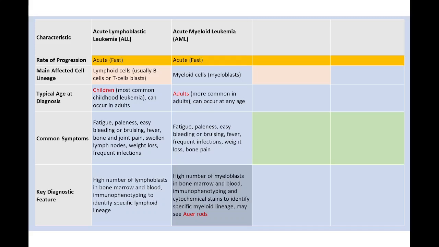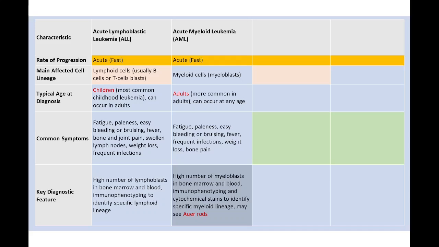In ALL, a high number of lymphoblasts in bone marrow and blood. In AML, a high number of myeloblasts in bone marrow and blood. Further studies like immunophenotyping identify the specific lymphoid lineage in ALL, and in AML, cytochemical stains identify the specific myeloid lineage, and there will be Auer rods in the cells.